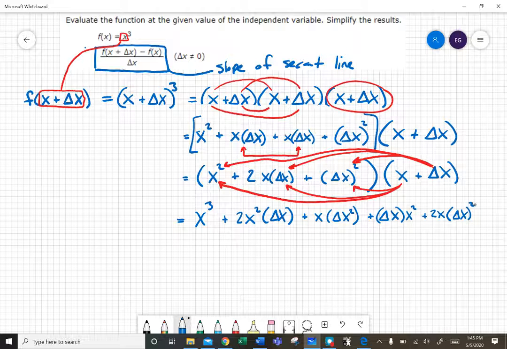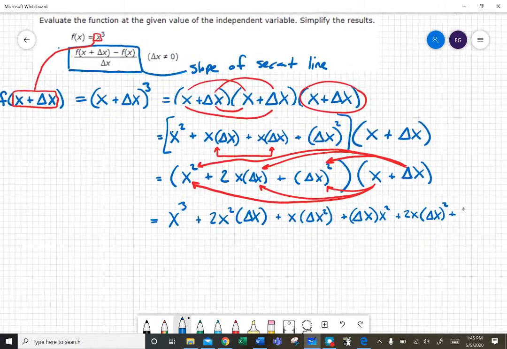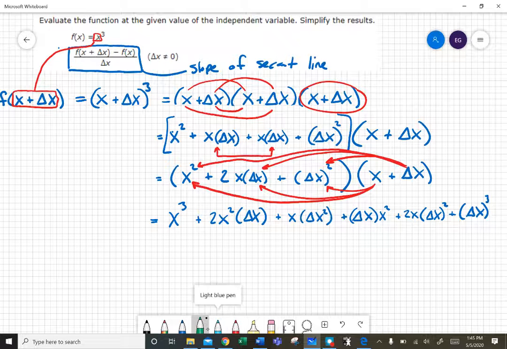And then delta x times delta x squared, which should be delta x to the third power. Okay, so can we combine any like terms here? It looks like we have a 1x delta x squared and a 2x delta x squared. We could definitely put those two together.